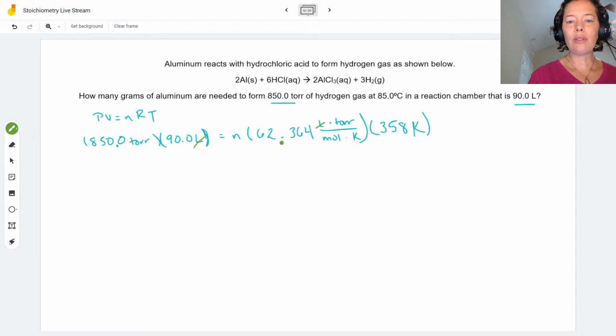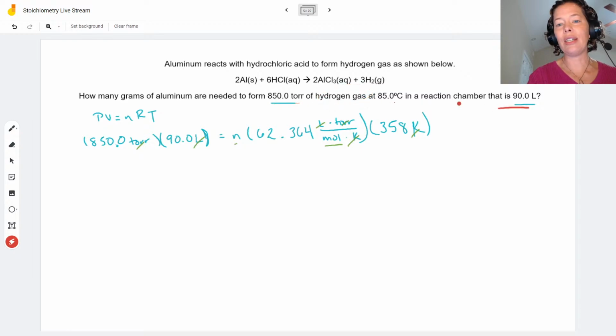So our liters cancel, our torr cancels, our Kelvin cancels. We are left with mole, which is the value for n. So when we do this calculation, we will get out moles, and in this case specifically, this is going to be moles of hydrogen gas, because these are all the conditions of that hydrogen gas.